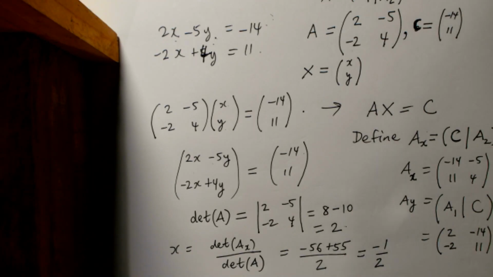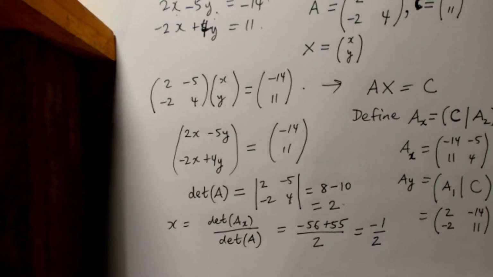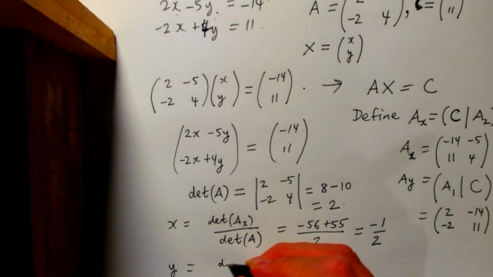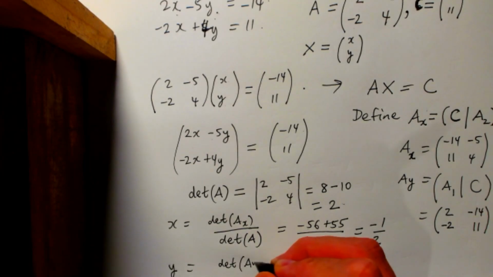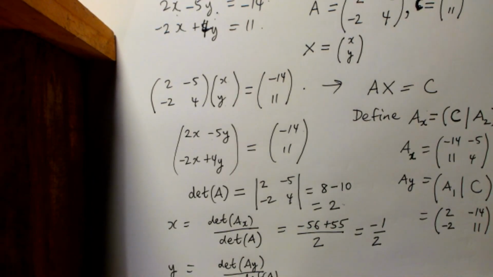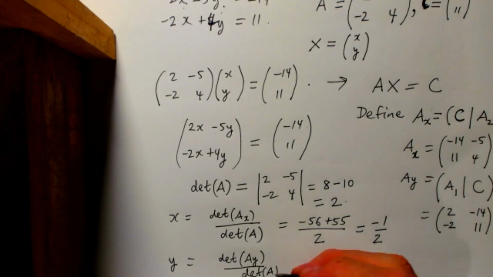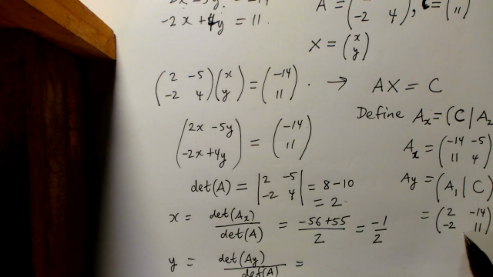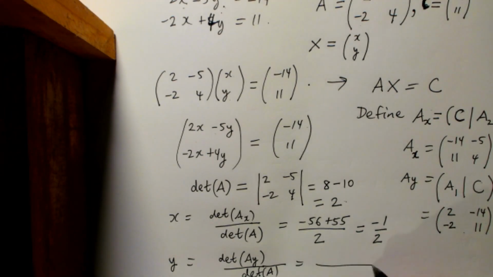Okay, now similarly we can calculate y to be equal to det of Ay over the determinant of A. So the determinant of this matrix here is 22 minus the product of these two, which is 28.